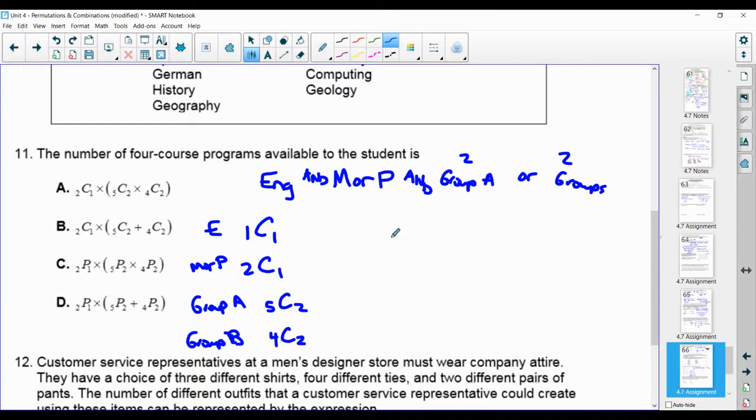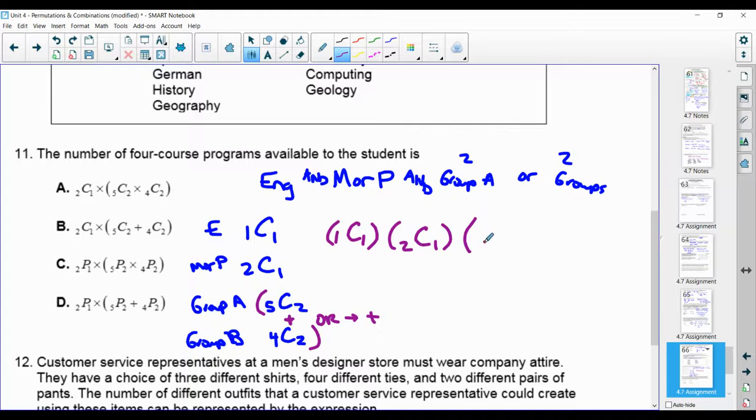So to choose English, it's just 1, choose 1. Often you won't actually see that part written. And we need math or psychology. That's 2, choose 1. And we need group A or group B. Remember that or means add. So this would get grouped together with an adding sign in between.